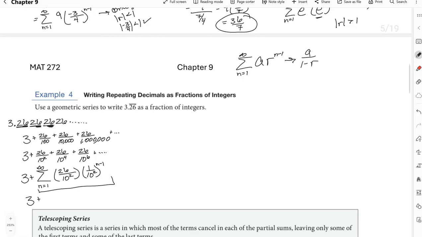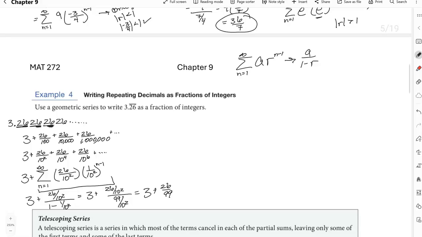So my a is 26 over 10 squared over 1 minus r, which is 1 minus 1 over 10 squared. So I have 26 over 10 squared over 99 over 10 squared, which is going to be 26 over 99.